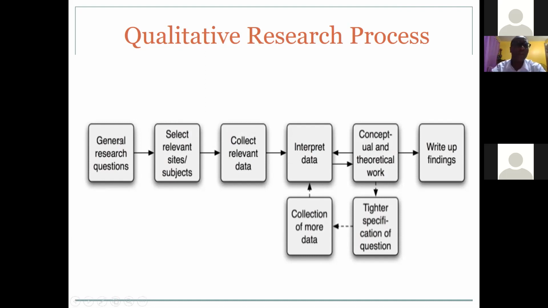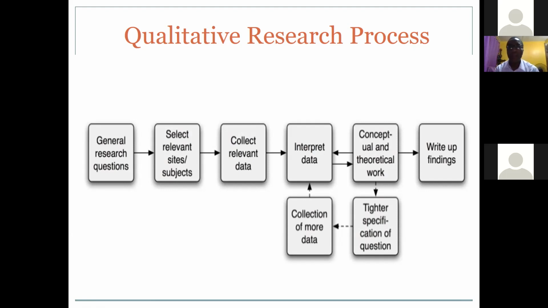And so if you look at this process map here, you're seeing where it starts with a general research question. But by now we appreciate that we would have developed or shaped this research question based on a problem or a statement of issue, and also a purpose that we would have actually thought through.